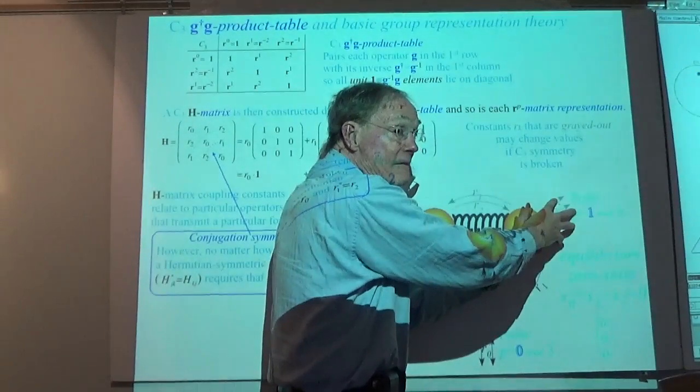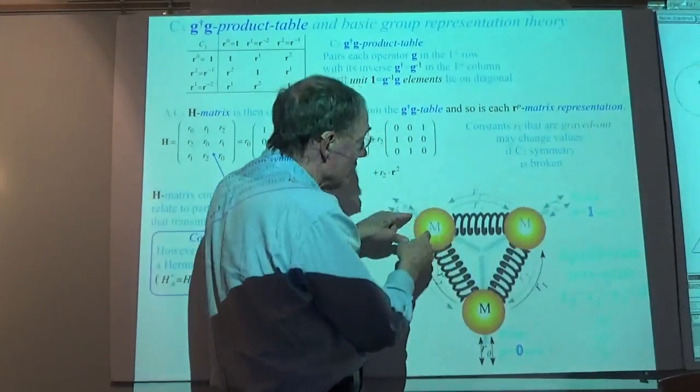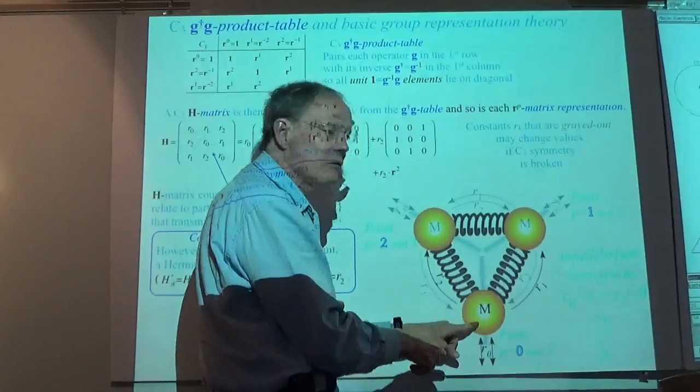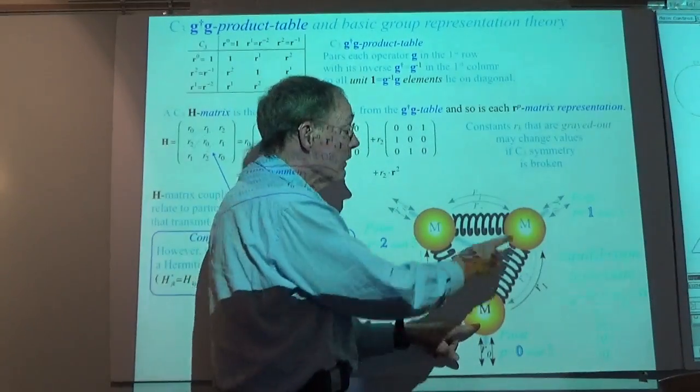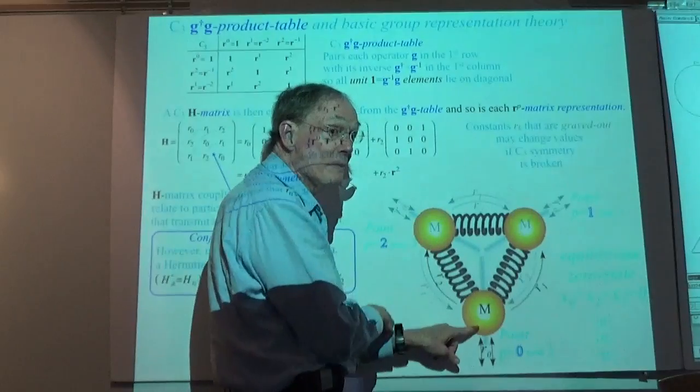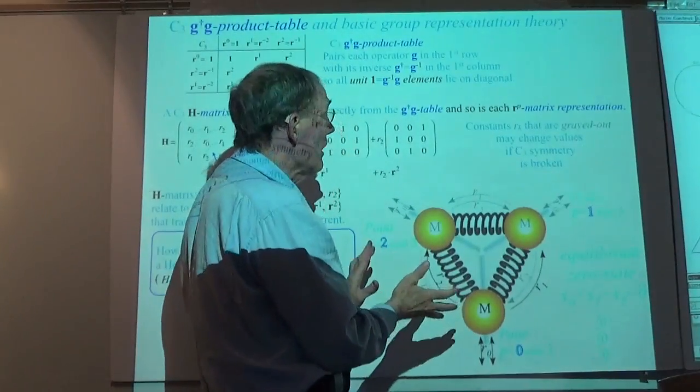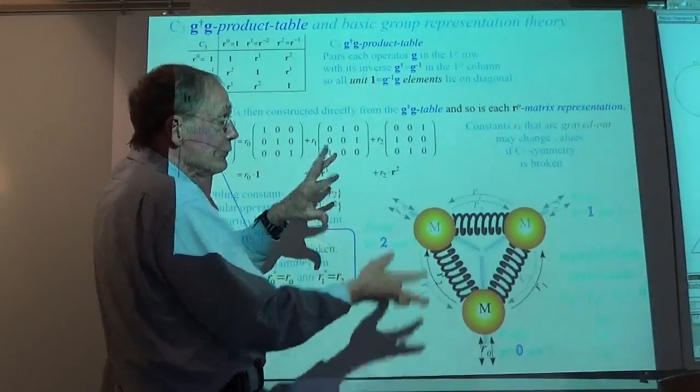And while it's at it, whatever displacement was here is going to get moved to there, and whatever was here is going to get moved to there. So these are operators that are global. They do the whole thing.